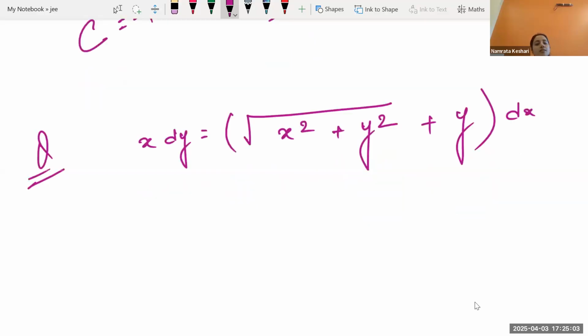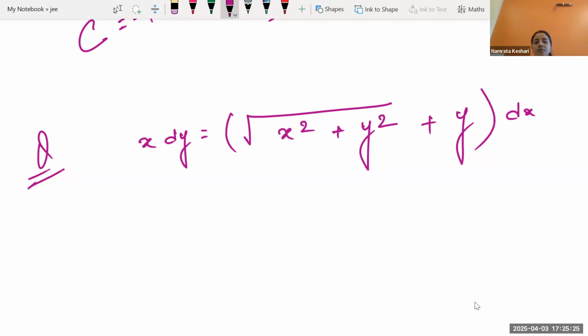So please check it. Is it linear or homogeneous? First, we will check homogeneity.